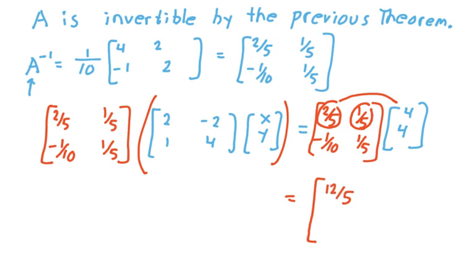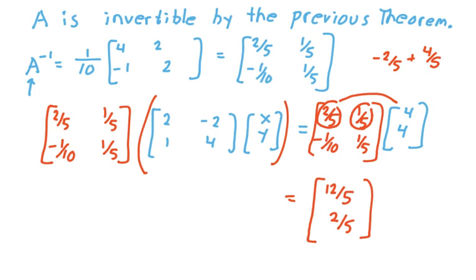Then I'm going to take -1/10 times 4 and 1/5 times 4 and add them. And so when I do that, I get -2/5 plus 4/5, which is 2/5. That goes there. That's the right side.